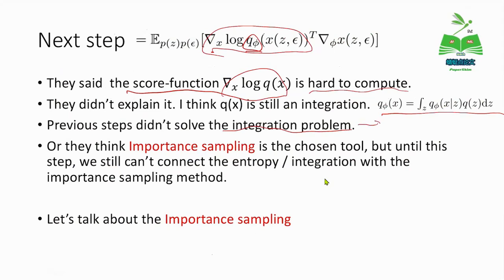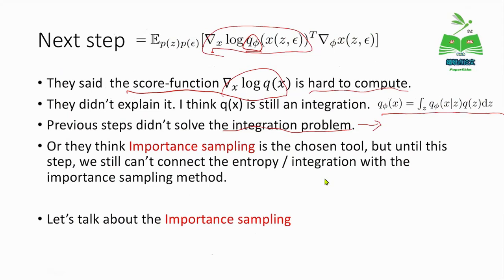So next they need more derivation to rewrite this to support some approximation methods, maybe first coming up with importance sampling. They first think, okay, importance sampling is a good tool to use.